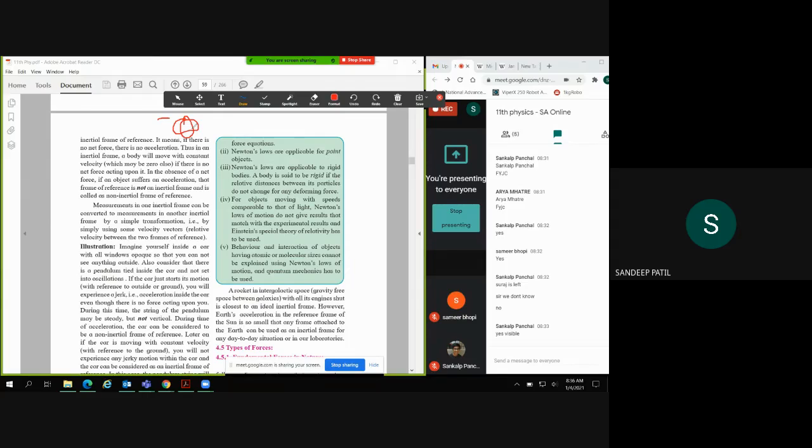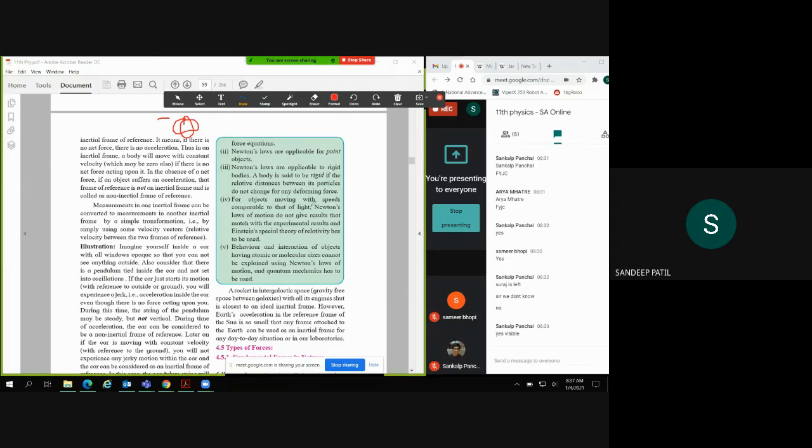If it is changing shape, then we can't apply Newton's law here. Generally we consider rigid bodies, which don't deform under motion. Newton's law doesn't hold very well for non-rigid bodies.